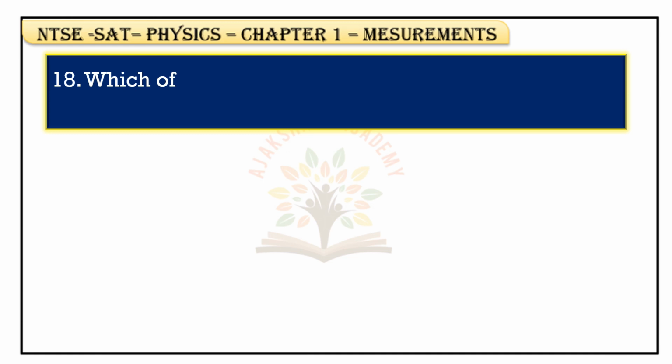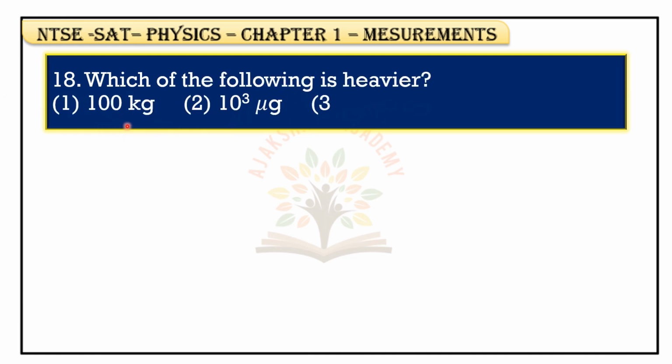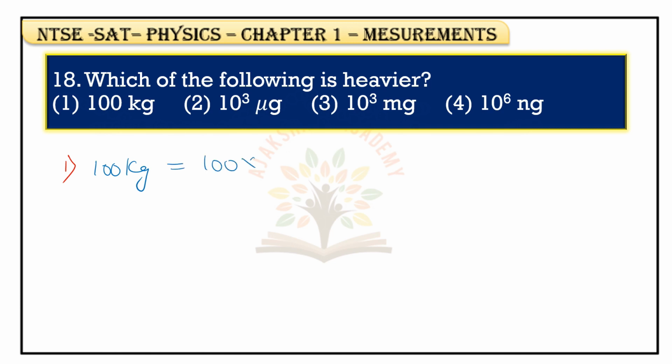Next, 18th one. Which of the following is heavier? 100 kilogram, 10 cube microgram, 10 cube milligram, 10 to the power of 6 nanogram. Now we'll discuss. First one, here 100 kilogram. 100 kilogram can be written as 100 into 10 cube gram.